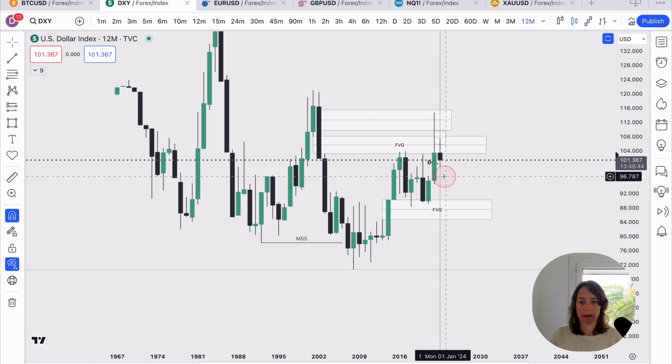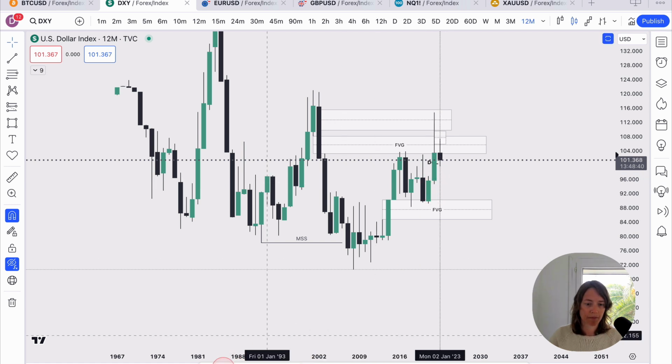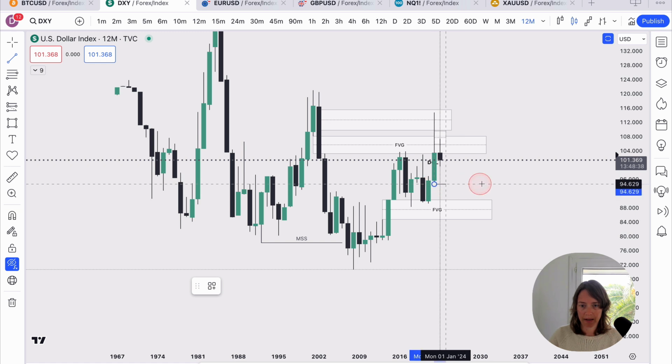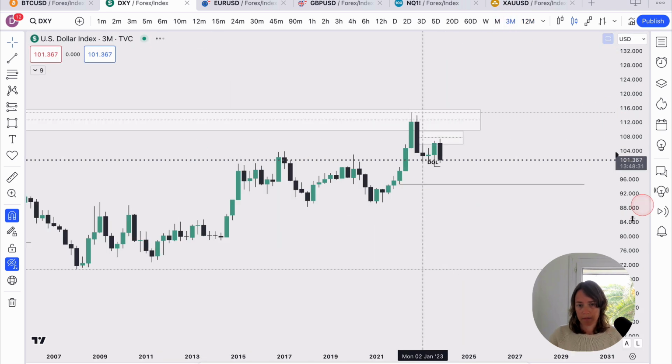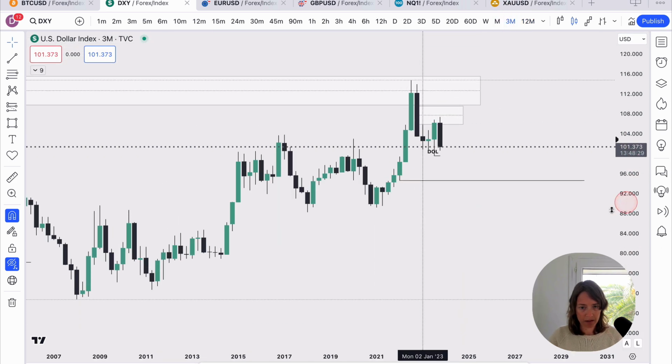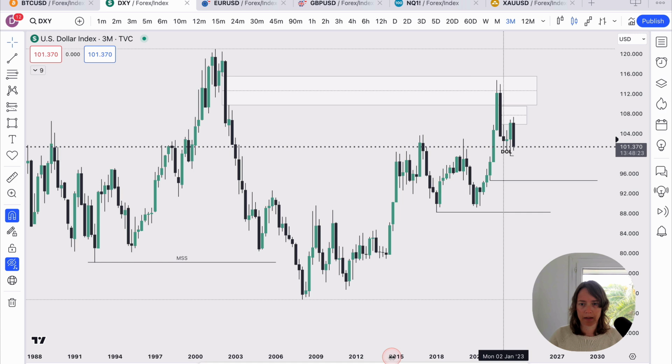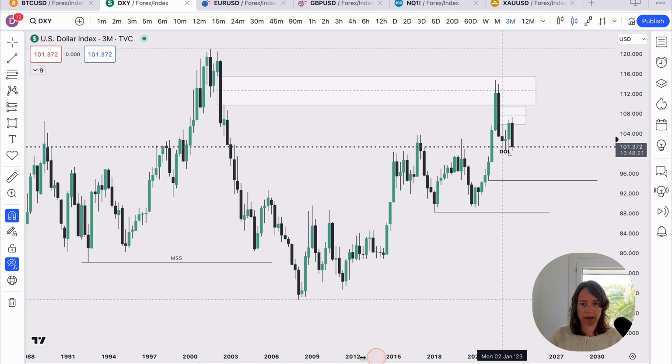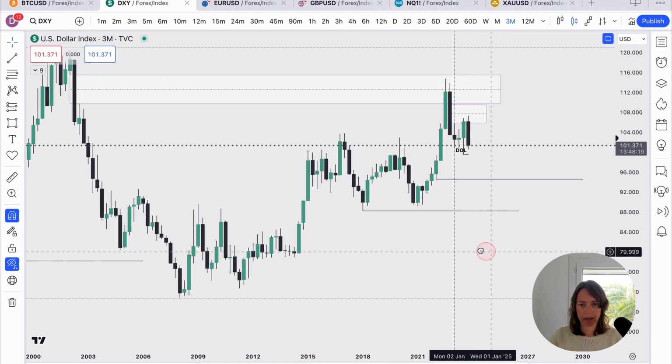So it's highly likely that it will either grab the low of this candle or the high, of course, because it needs to break out somewhere. But my expectation is that we're going to see some downside and maybe even these equal lows. I cannot really anticipate how much a yearly range is.